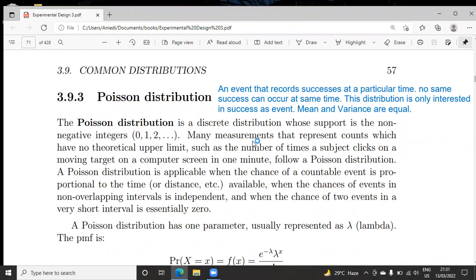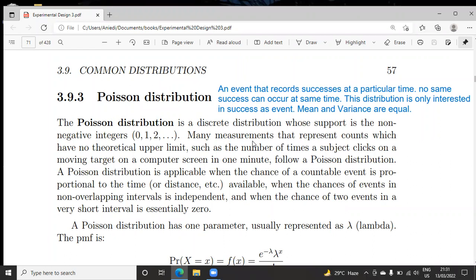Poisson distribution actually deals with successes only. It does not deal with the probability of success given several events, or given a number of events. So the event itself in Poisson distribution is a success.